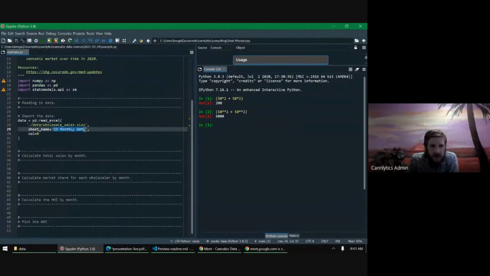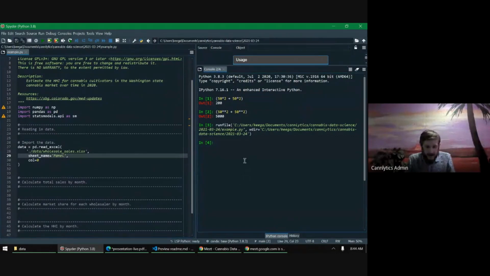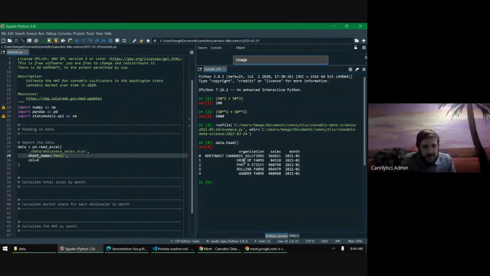I'm going to try working with the panel data to begin with. All right, so let's look at our data as always. We have our organization, our sales, and our month.